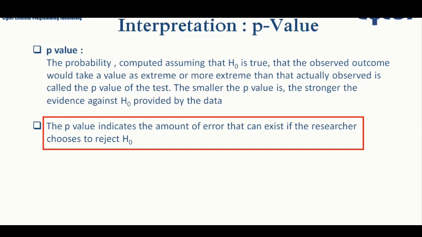So, if anybody asks you the definition, you can give this, because it is similar to the definition of level of significance. So, on the basis of your data, if you decide to reject H naught, then how much error are you going to commit? You are going to commit the error equivalent to your p-value.